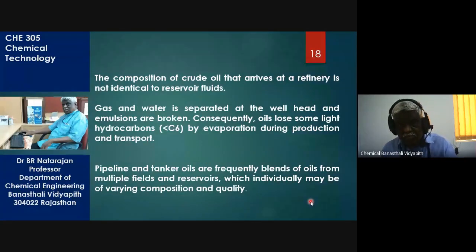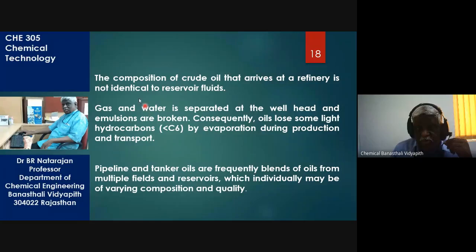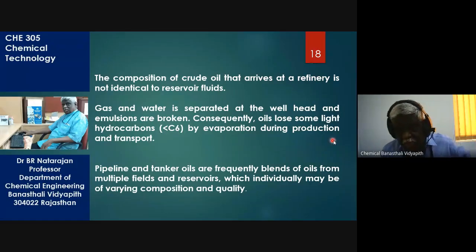Okay. Then the composition of crude oil that arrives at a refinery is not identical to the reservoir fluid. How come? That is, what is happening at the drilling point and what is arriving at the refinery may not be the same. Because gas and water are separated at the wellhead and emulsions are broken, and consequently oils lose some light hydrocarbons by evaporation during production and transport.